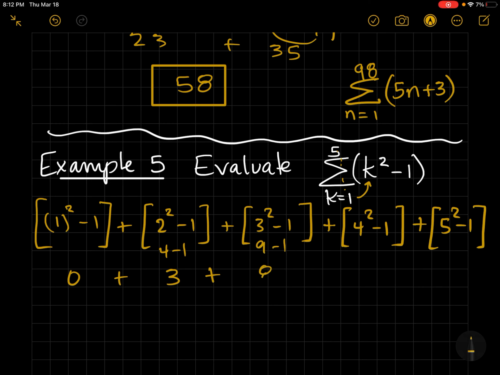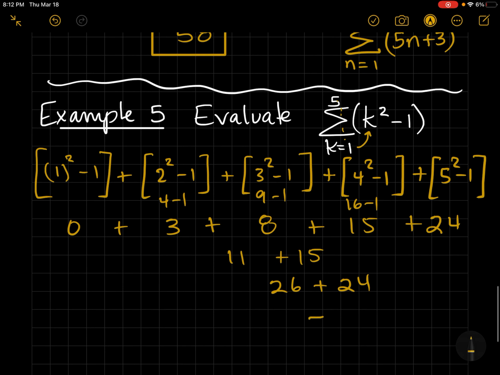9 minus 1 is 8. 16 minus 1 is 15. And what is that? 24. Okay. And so we have 11 and 15 is 26. Plus another 24 is 50.